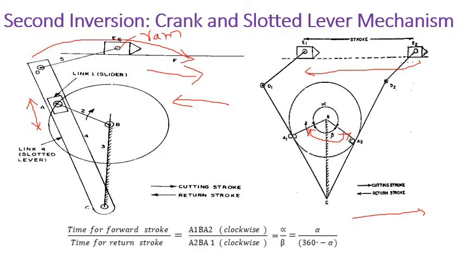So we can determine the cutting time and idle time by using this formula. The ratio of cutting time to return time usually varies between 2 to 1, and the practical limit is 3 to 2. The cutting speed and return speed are not constant throughout the stroke. It is minimum when the rocker arm is at two extremities, and speed is maximum when the rocker arm is vertical.